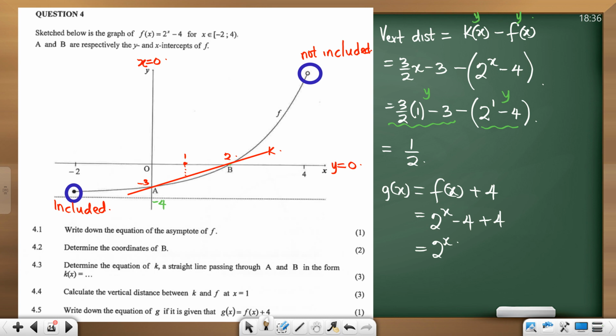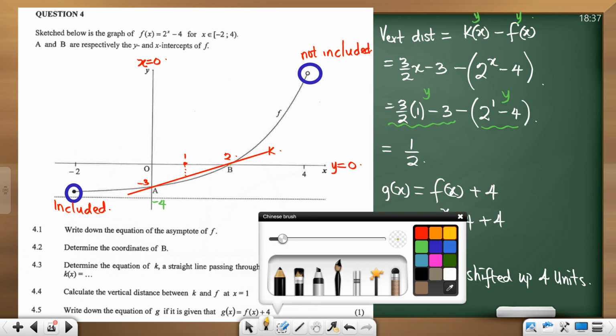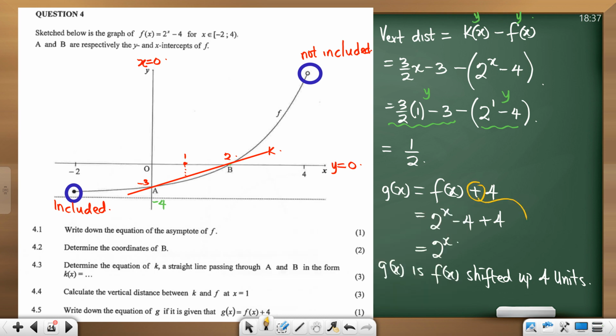This simply means g of x is f of x shifted up by 4 units, in case the examiner wants you to describe. Why am I saying up? Plus is going up, minus is coming down.